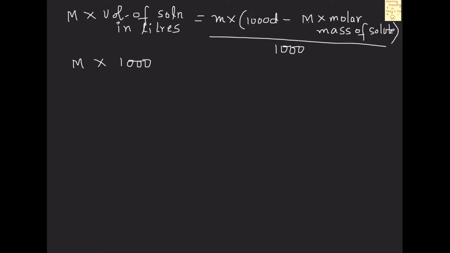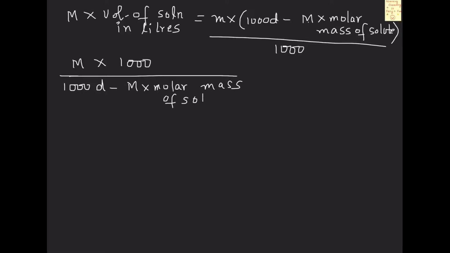So, you could easily use this formula or the formula that we are going to write over here. So, we've got M into 1000 divided by 1000 D minus M into molar mass of solute is equal to molality.